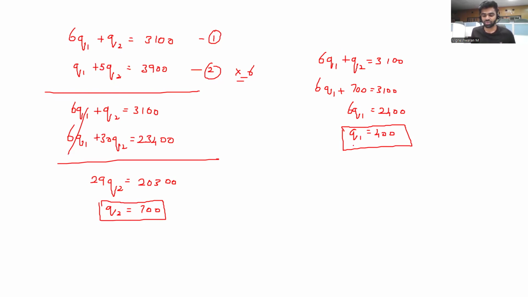So with this we can find the price. Okay. So we already know the price equation, right? So P1 is equal to 20 minus 0.0125 Q1 and P2 is equal to 24 minus 0.01 Q2. Okay.